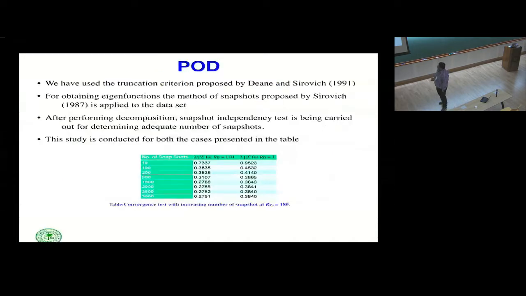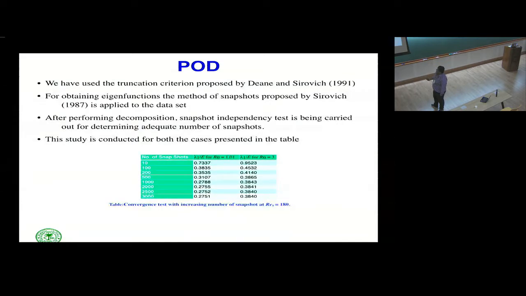So we did a POD of these flows. POD is a pretty standard technique which everybody knows, so I'm not going into the basics of POD, but I will just give the results. For RE 1.01, the number of snaps required was still more than 3,000.